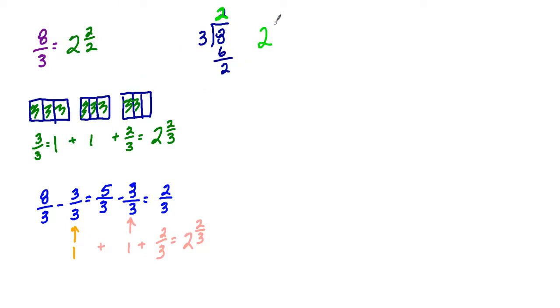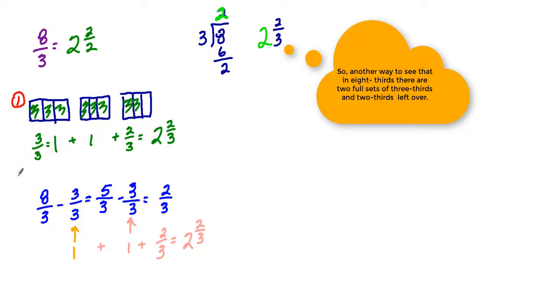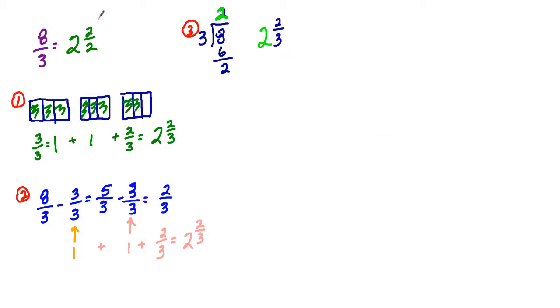What's left over is the fraction part. So 2 full times and 2 more thirds. So 2 and 2/3. This gives us 1, 2, 3 different ways of seeing that 8/3 is equal to 2 and 2/3.